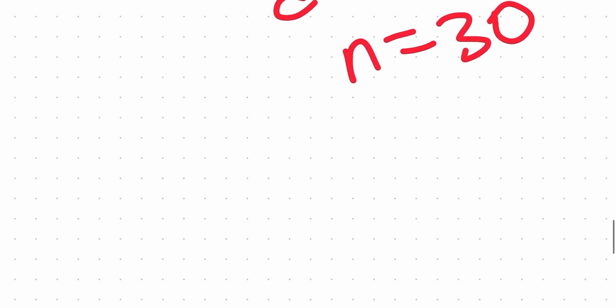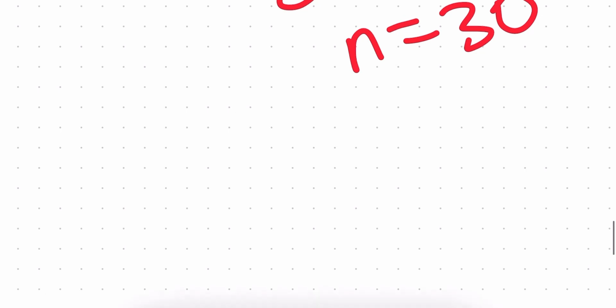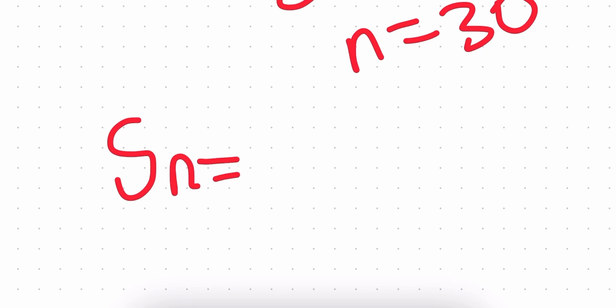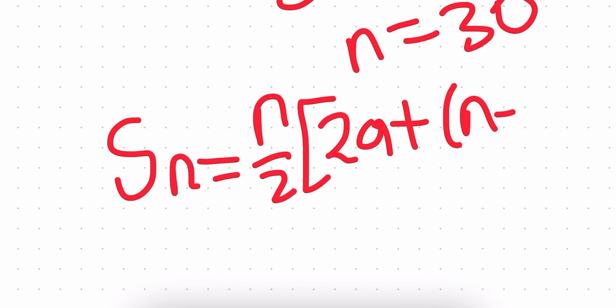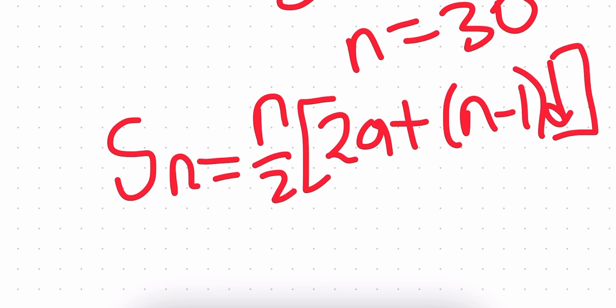The formula says Sn is equal to n over 2 into 2a plus n minus 1 times d. Yeah, that's the right one.